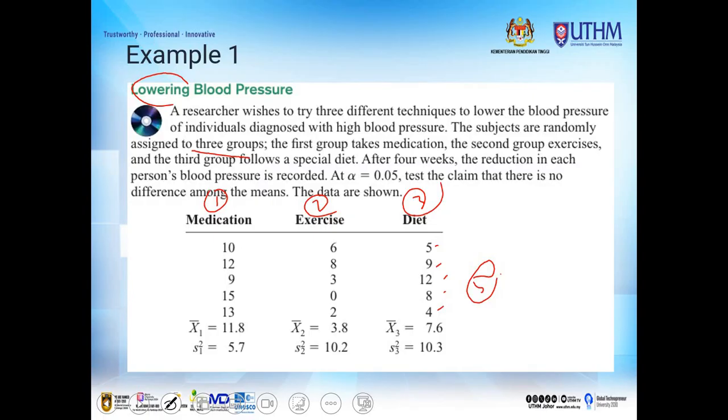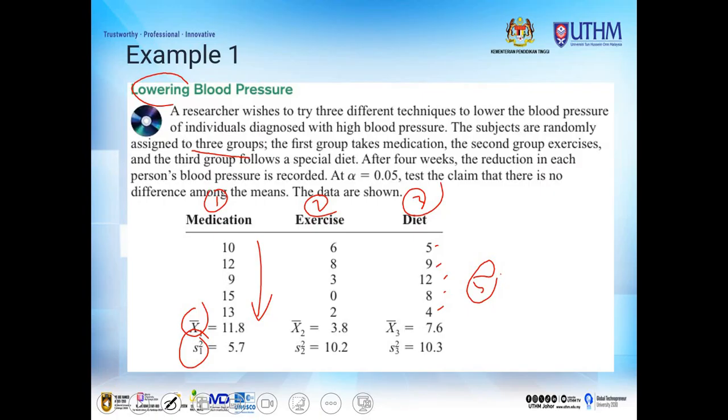Okay, when you have 3 different groups, what you have to do is come up with the mean and variance of each particular group.